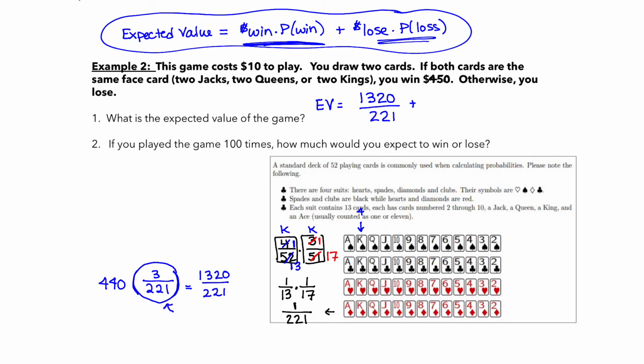That was the probability of getting 2 jacks, plus 2 queens, plus 2 kings, or in other words, that probability was the probability that a win occurred. Okay, so I just want to hold on to that while I erase everything else. So everything else is gone, and I'm going to hold on to that probability. Why? Because I'm looking ahead and I'm going to right now talk about the loss portion, which is how much money do we lose multiplied by the probability of that loss occurring.